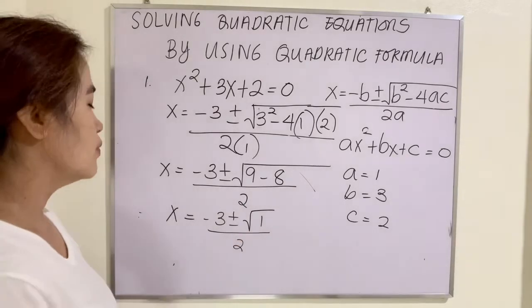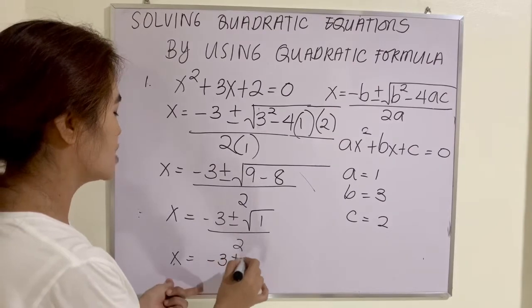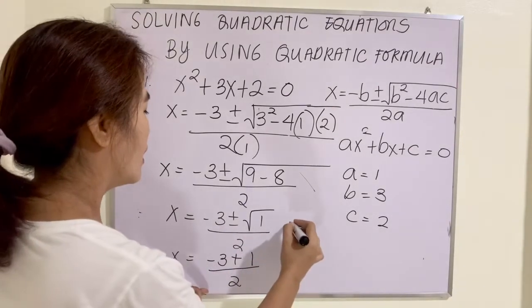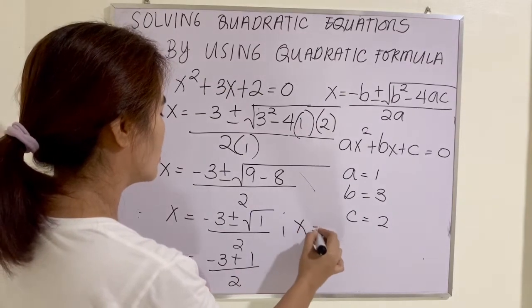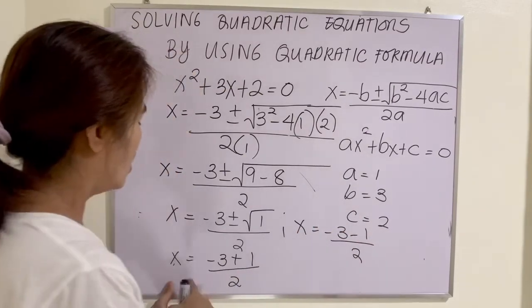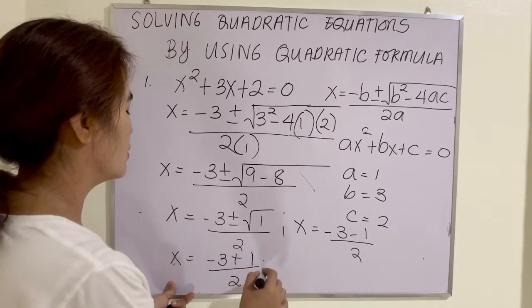The square root of 1 is, of course, 1. So we have x equals negative 3 plus 1 over 2, and the other, x equals negative 3 minus 1 over 2. What is negative 3 plus 1 over 2?